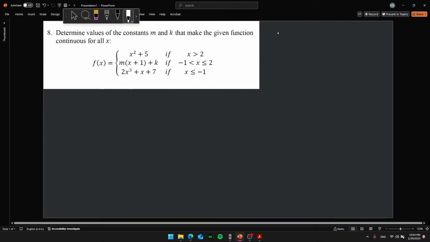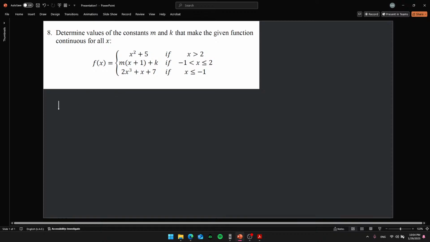So as I told you, if f of x is continuous, then the limit as x approaches a from the left of f of x equals the limit as x approaches a from the right of f of x, which equals f of a. So basically we can equate all of them with each other.